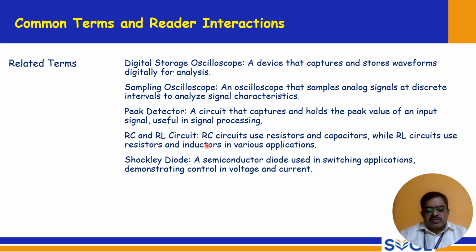RC and RL circuits: RC circuits use resistors and capacitors, while RL circuits use resistors and inductors in various applications. Shockley diode: a semiconductor diode used in switching applications, demonstrating control in voltage and current. So these are the terms you should be aware of in terms of sample and hold circuits, and these are very important terms.